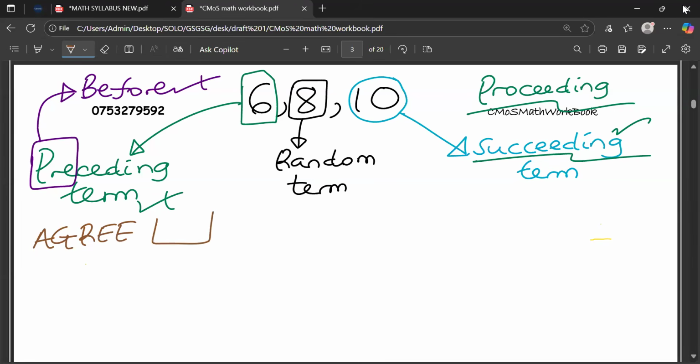So I want you people to agree. If you agree, I'll tick that box.